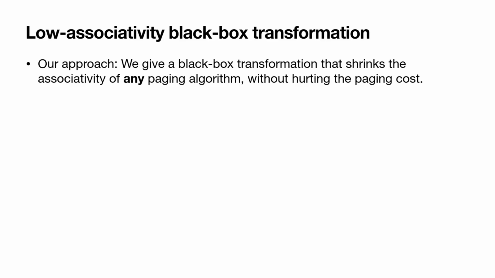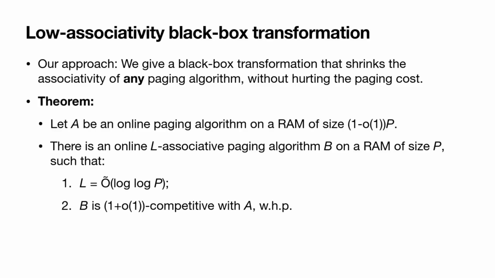The approach that we take is the following. We give a black box transformation that, given any paging algorithm, produces a new paging algorithm that has roughly the same paging cost, but with much lower associativity. Formally, the theorem that we prove is the following. Let A be any online paging algorithm on a RAM of size almost P. So this is a tiny resource augmentation assumption.